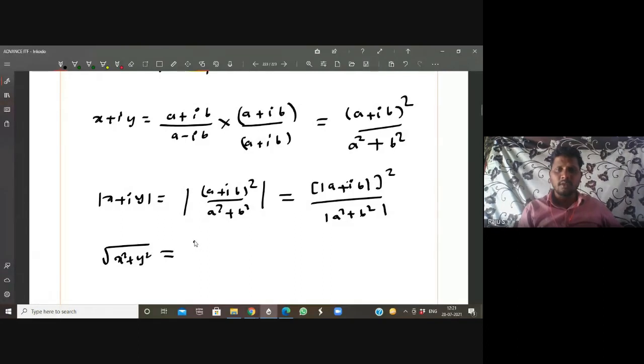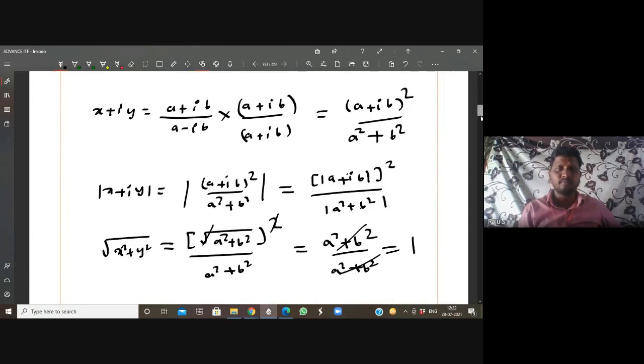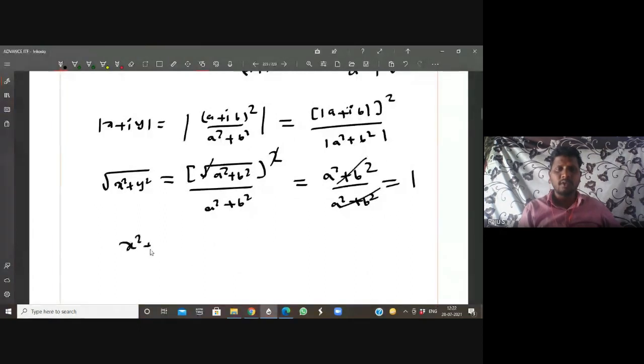Then here, bracket square root of a square plus b square the whole square by a square plus b square. Now square root gets cancelled. This is equal to a square plus b square by a square plus b square. This is equal to 1. Now squaring on both sides, x square plus y square is equal to 1.